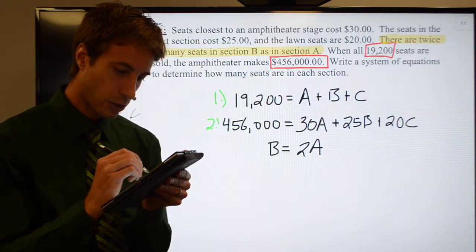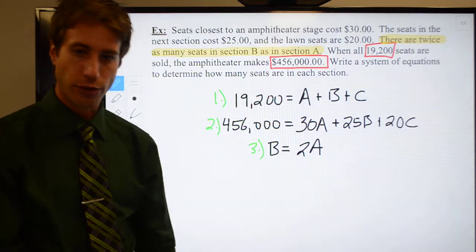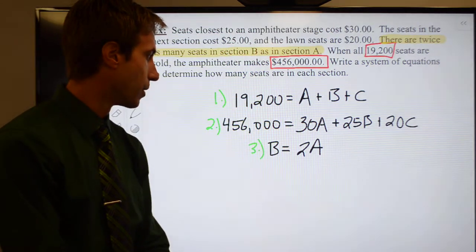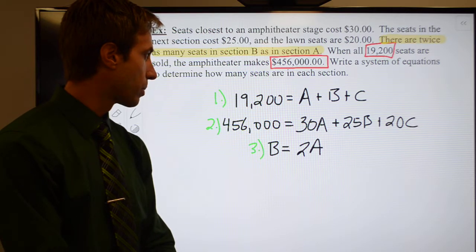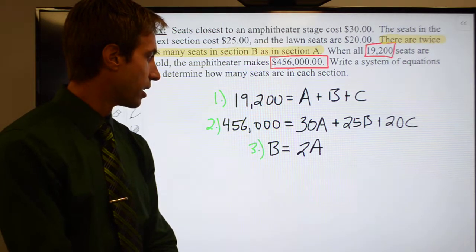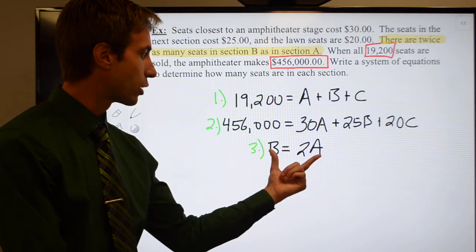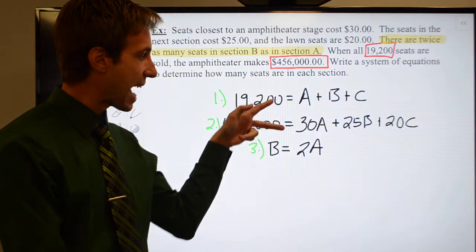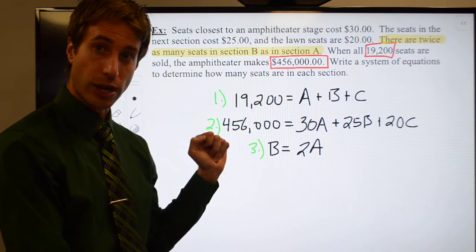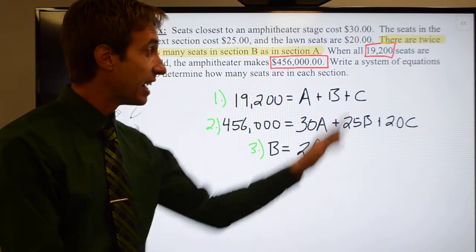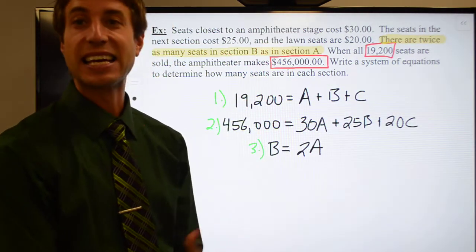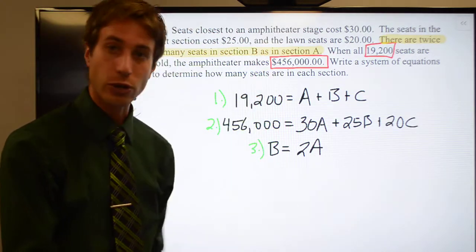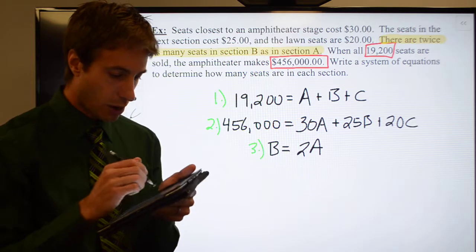1, 2, and 3. All right, what are we going to go ahead and do? Well, here's what we're probably going to do. Since this is an equation with A and B in it, let's see if we can add together these 2 equations, 1 and 2, and eliminate the C. If I can eliminate C, then I'll have an equation with A and B in it, another equation with A and B in it, and we are off and running.